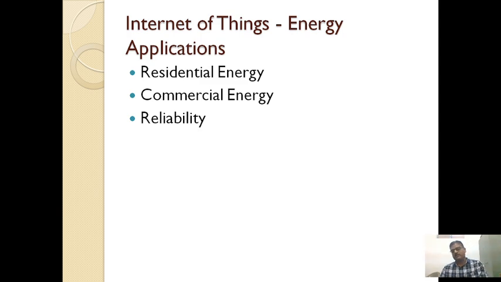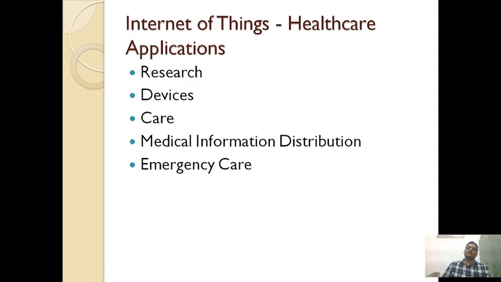Now next one is health applications. IoT systems applied to health enhance existing technology and the general practices of medicine. They expand the reach of professionals within a facility and far beyond it.